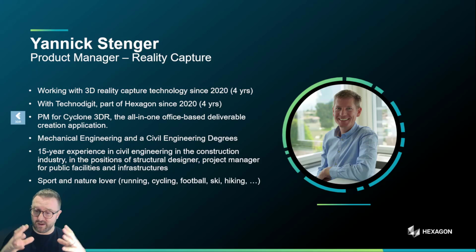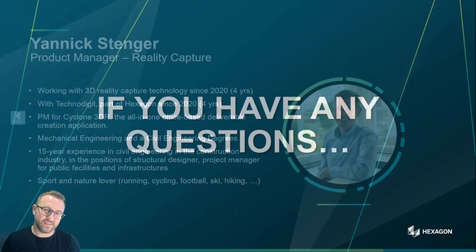And effectively, 3DR, as we'll discuss, is this all-in-one deliverable creation tool set. It has various modules, or people can buy all of the modules and create a pro version if they want to. But it is incredibly versatile, with everything from meshing and cleaning to construction reporting, deviation analysis, clash detection and plant modeling. It's a huge variety of things we can do in that product. So today Yannick is going to cover some very specific use cases taking that BLK2GO data.